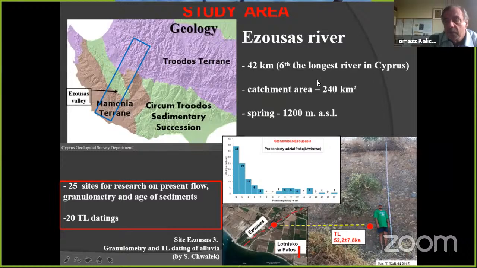The catchment area is more than 200 square kilometers. The spring is in the Rhodos mountain, at a little bit more than 1,000 meters. We studied 25 sites, and we now have about 20 TL datings from this territory.